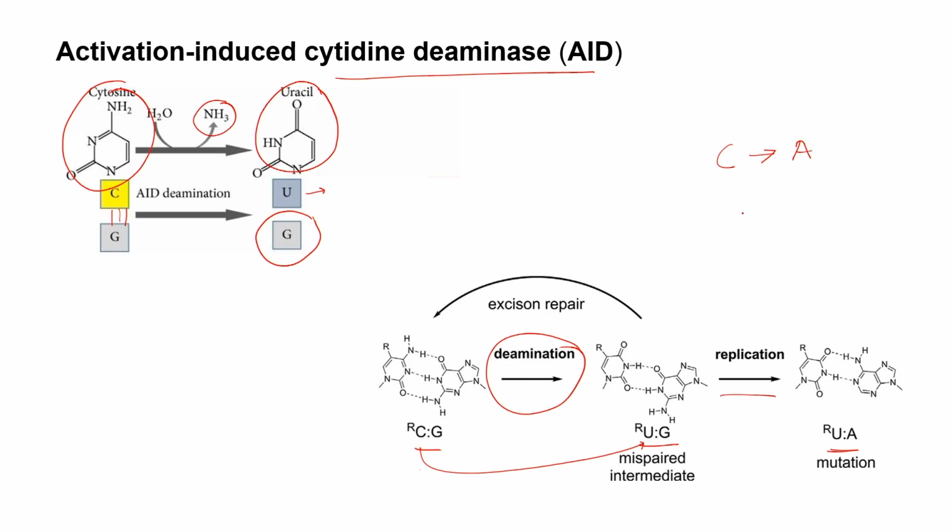So cytosine can mutate into uracil, which further leads to variation in the adenosine in the chain, and therefore we could understand that there is a variation in the DNA sequence.